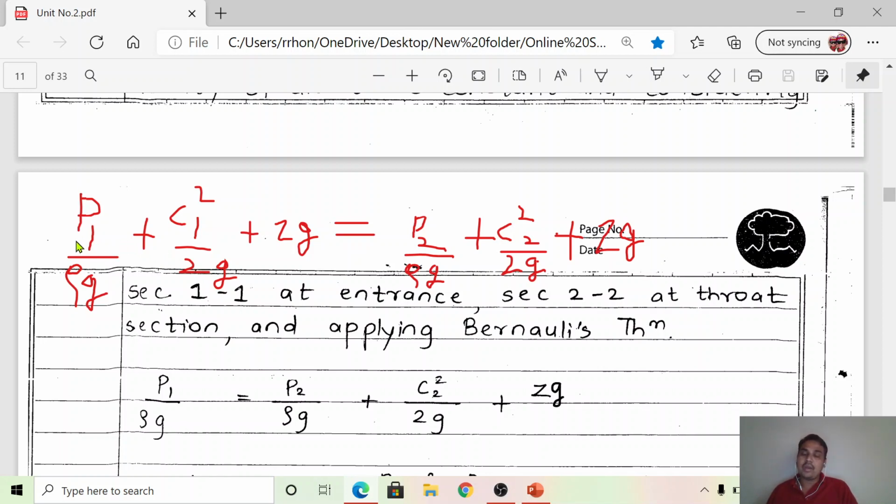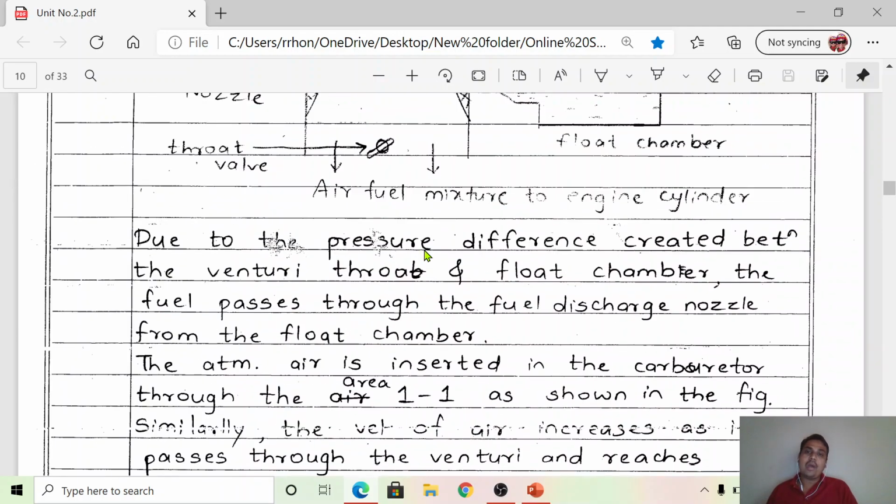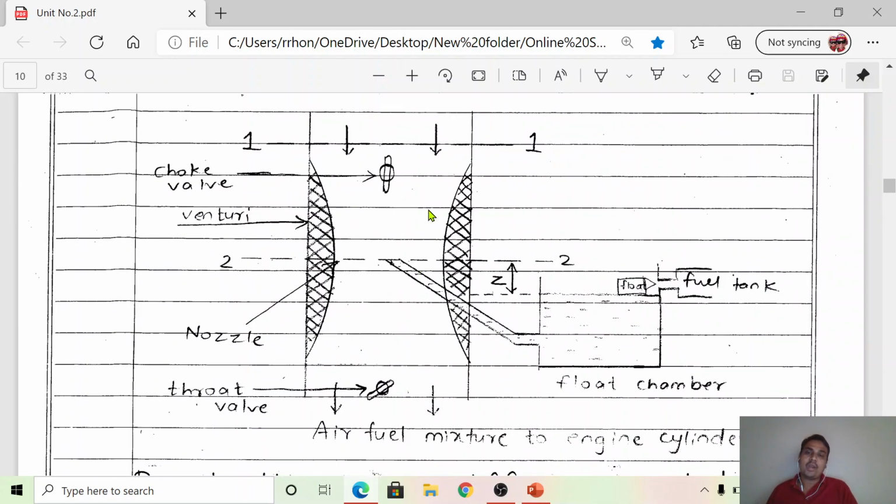So we know Bernoulli's equation is: P1 by rho g plus C1 square by 2g plus Z1, equal to P2 by rho g plus C2 square by 2g plus Z2. Why have we written P1 on the left side and P2 on the right side? Because we are going to apply Bernoulli's equation to section 1.1 at the entrance section and section 2.2 at the throat section itself.